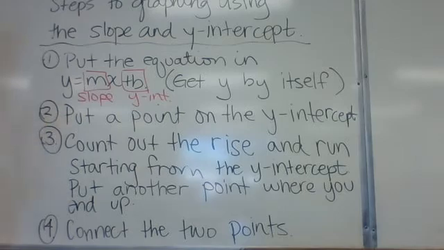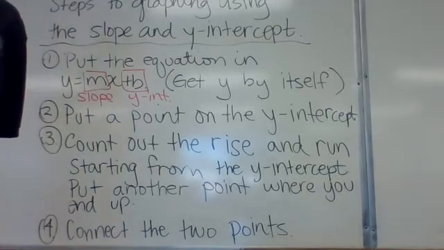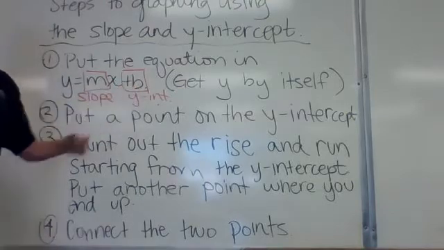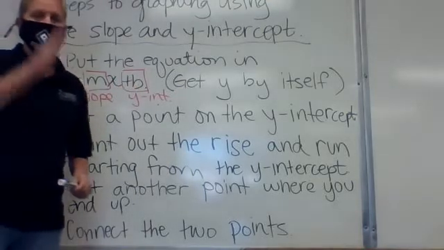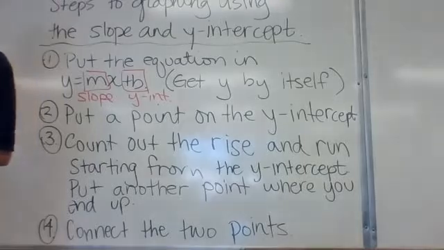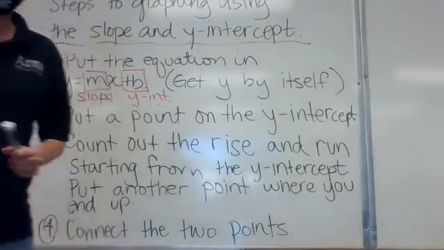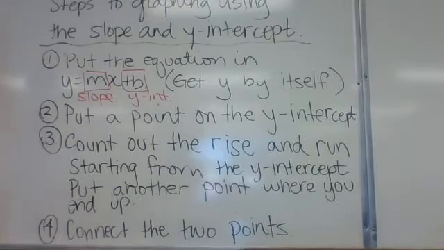The first thing you're going to do on the graph is put a point on the y-intercept. Whatever the number is that's not hooked onto the x, you're going to go to the y-axis, which is the one that's up and down, and put a point on it. Yeah, we're starting all over on 3.4, but then we're going to do 3.5. So you put a point on the y-intercept.